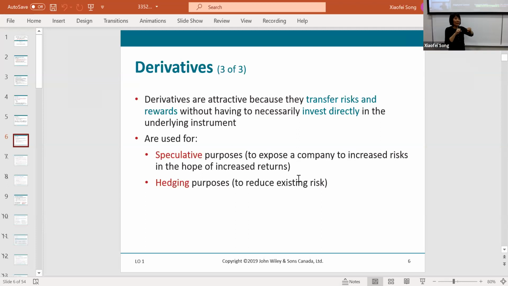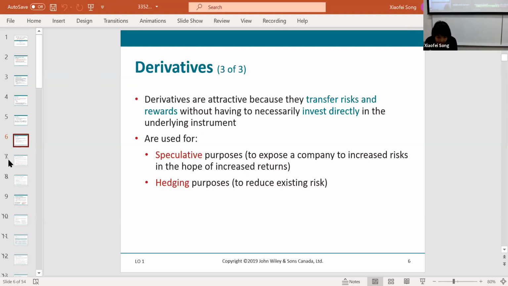Risk is uncertainty, so managing risk is basically reducing the uncertainty. If I know for sure what will happen, that gives me peace of mind. That has value, even if it costs me.